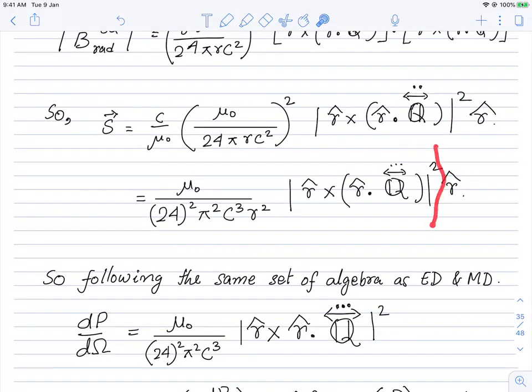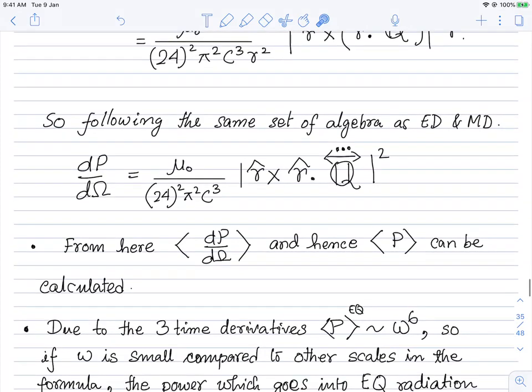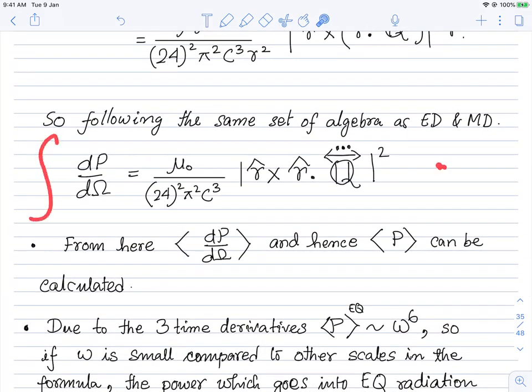If you consider just this expression, forget about this 1 over r squared factor, that is the power emitted per unit solid angle, and you can integrate it over d omega to get the total power. In this case, depending on which components of the quadrupole moment are non-zero, you will get various angular dependencies in this dP d omega.